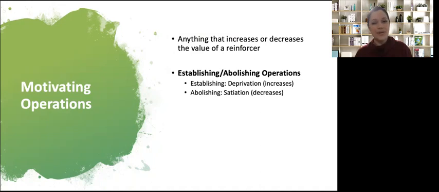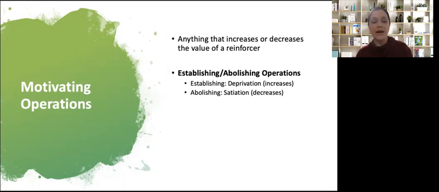So maybe having a big burger doesn't really sound that great when you're not hungry. But when you're hungry, that reinforcer is really valuable, right? You really want it. So the motivating operation changes the value of the reinforcer, and it also changes the likelihood of the behaviors that will occur.